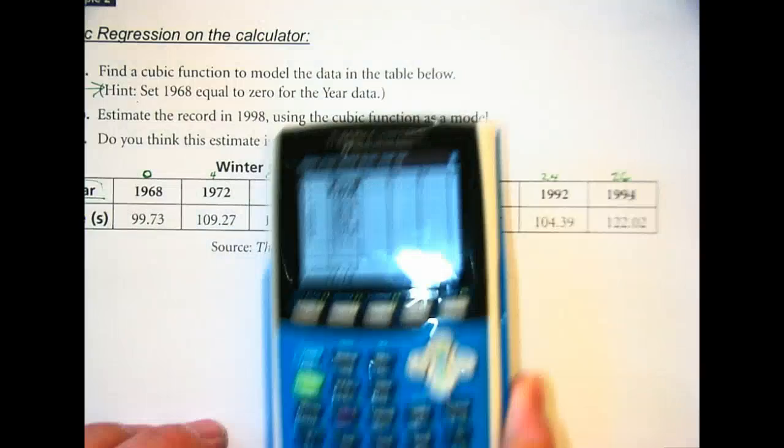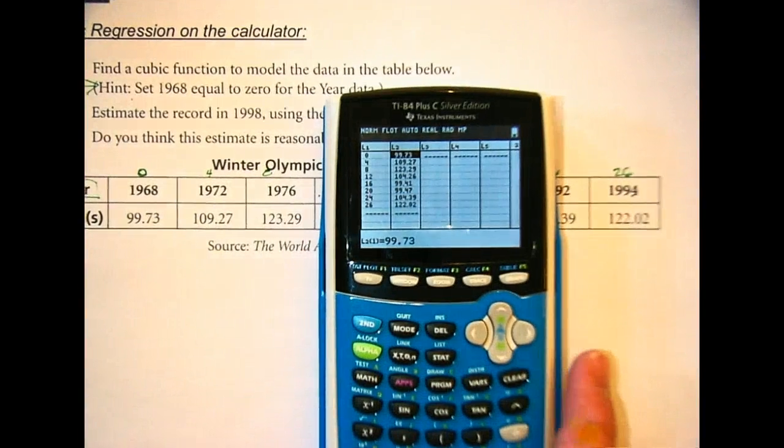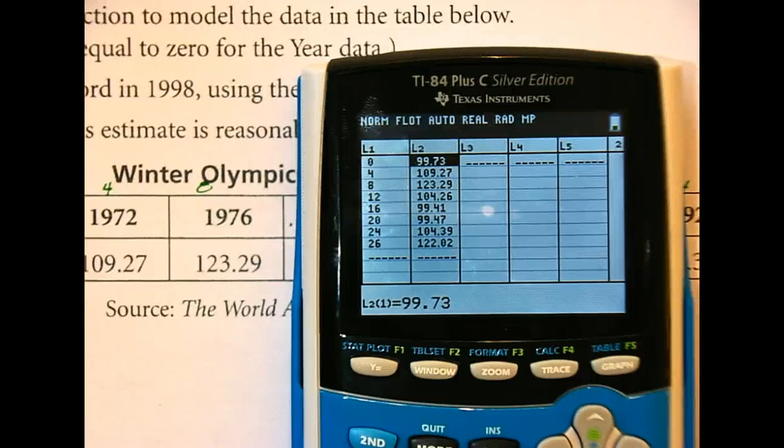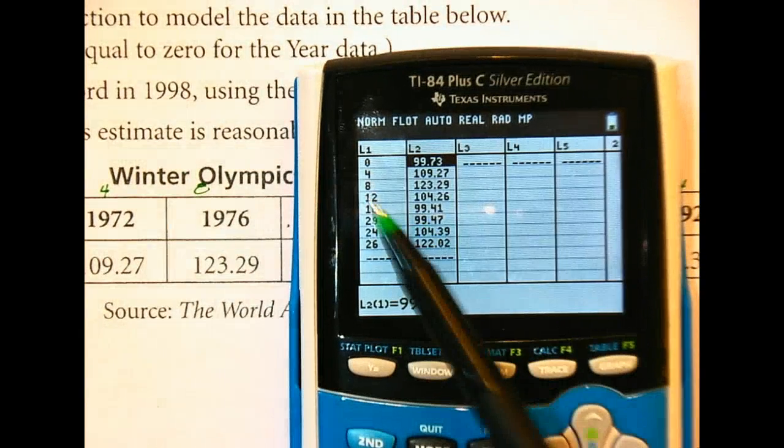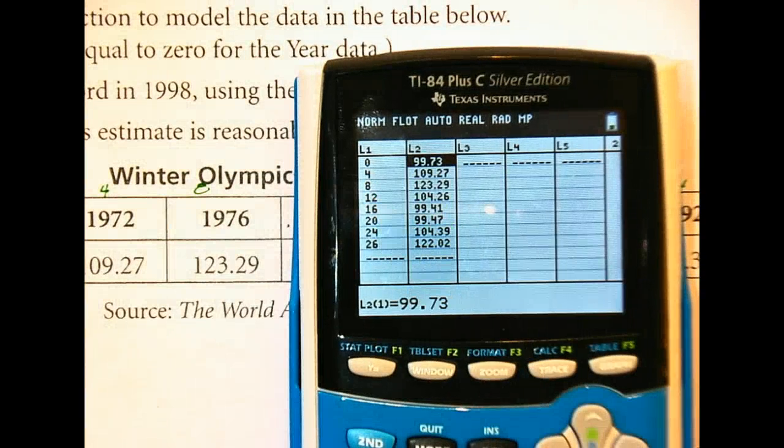Okay, so making sure your table looks something like that right there. You'll notice I have the same number of x's as I do y's, same in list 1 as list 2. Otherwise, you're going to get a dimension error there. Yes? I accidentally messed up and I have an extra 0 at the bottom of list 2. How do I fix that?